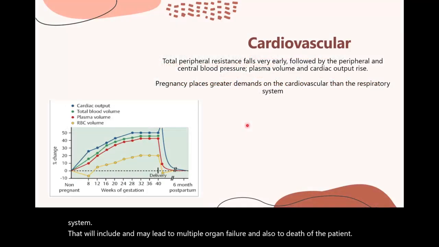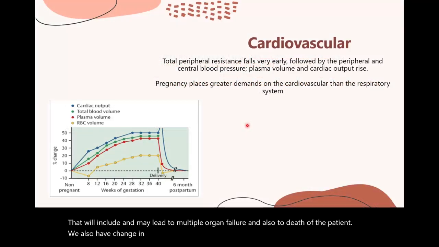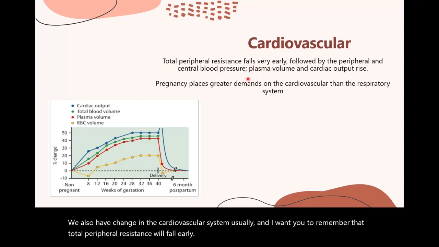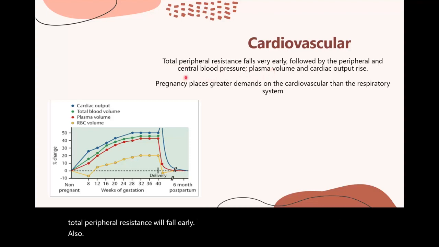We also have changes in the cardiovascular system. Usually, and I want you to remember that total peripheral resistance will fall early, also the peripheral and central blood pressure. Plasma volume and cardiac output will rise.